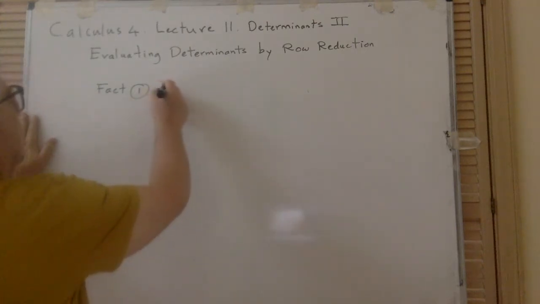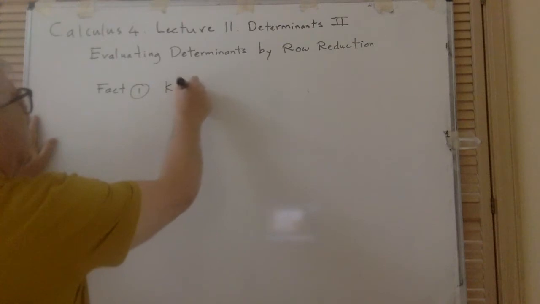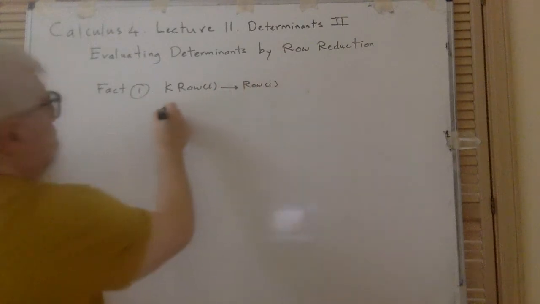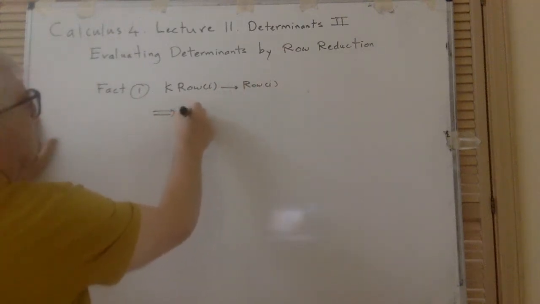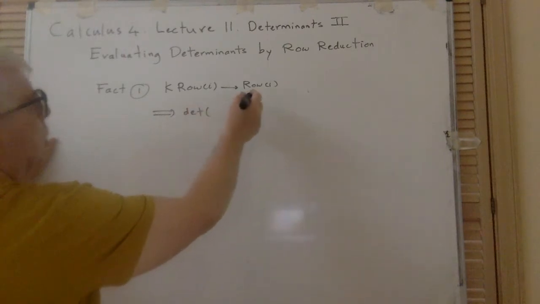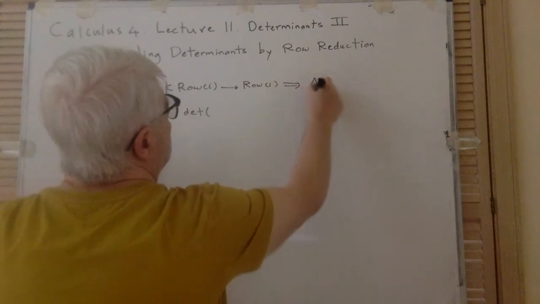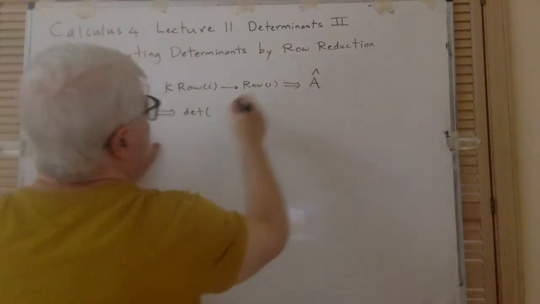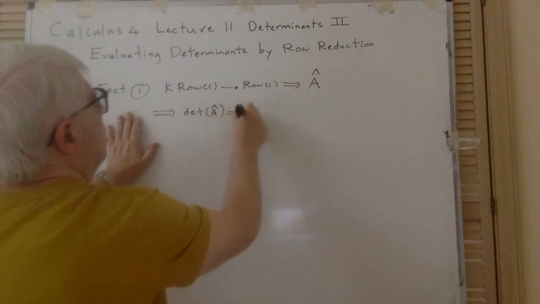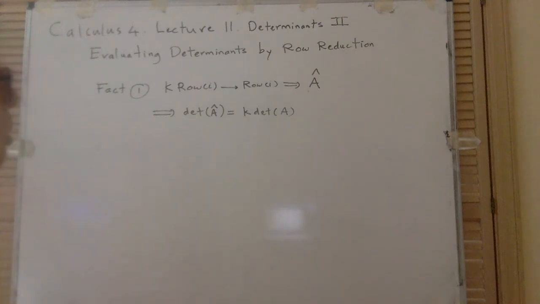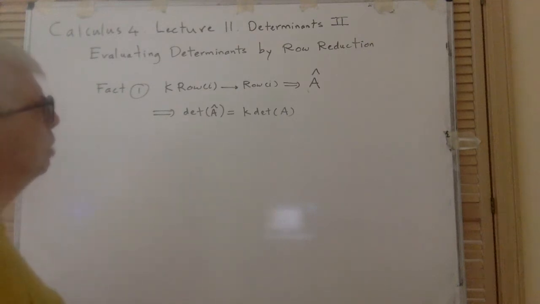So if k times row I goes to row I, and this gives me, say, matrix A hat, then the determinant of A hat is k times the determinant of A.